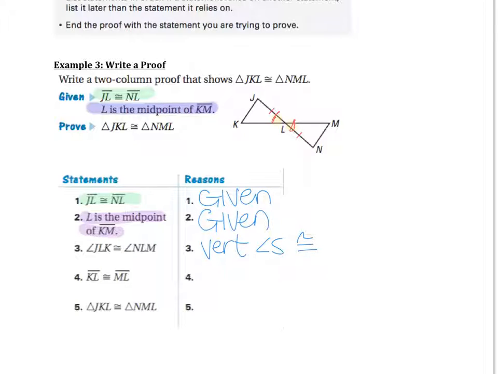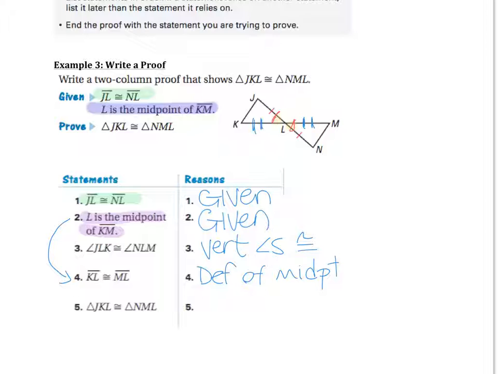Next, it says that KL is congruent to LM. And that statement comes from the fact that L is a midpoint. So this is the definition of midpoint. Midpoint splits a segment into two congruent segments.